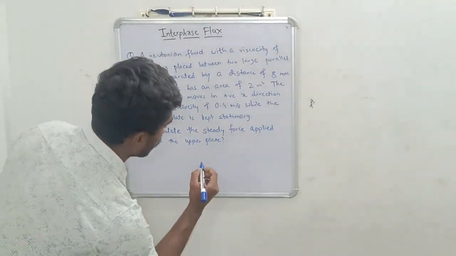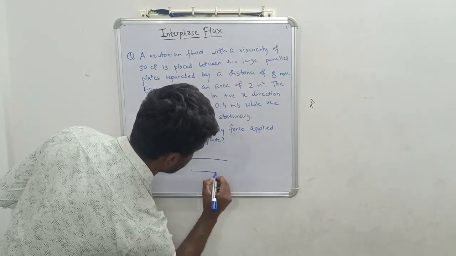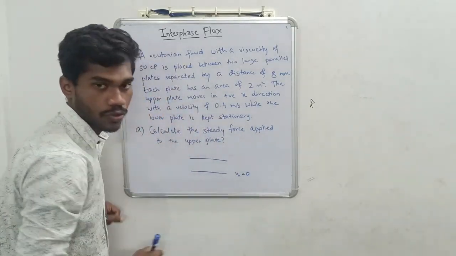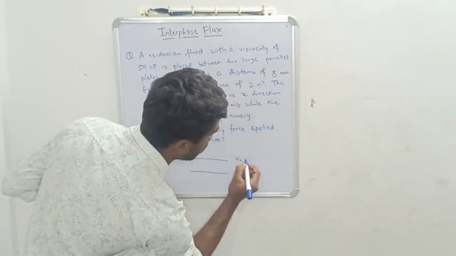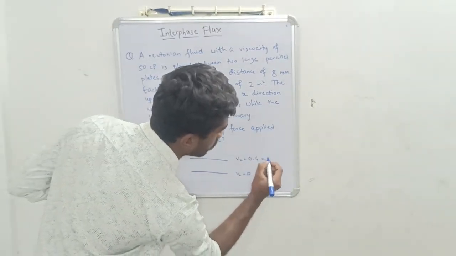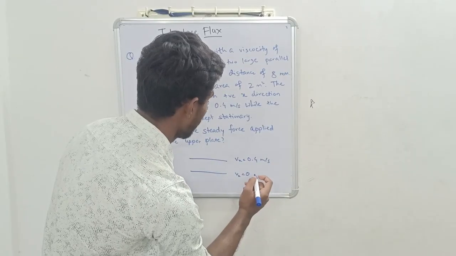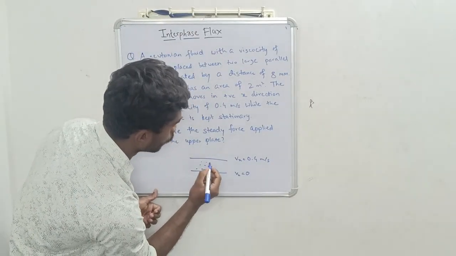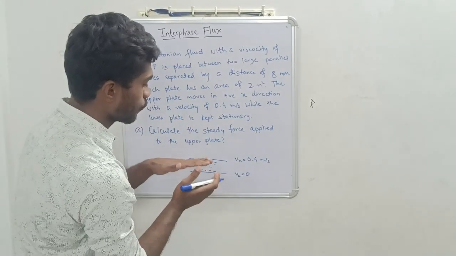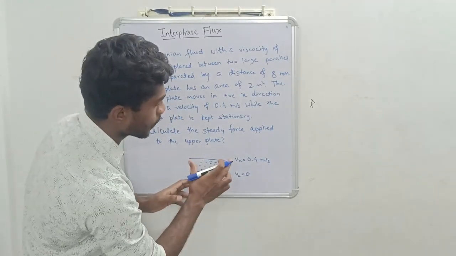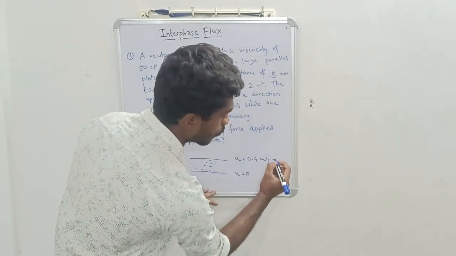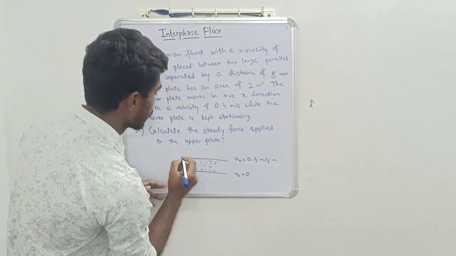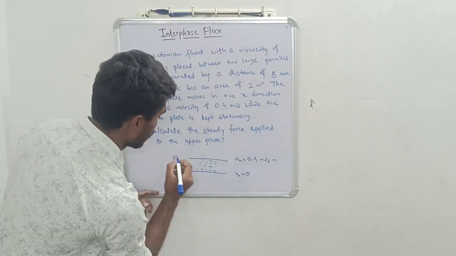So we have two plates. Lower plate is moving with velocity equals to 0 and upper plate is moving with velocity equals to 0.4 meter per second. So we have fluid which is viscous. So our fluid is resisting the flow of upper plate, but still it is moving with a constant velocity. So it needs to have a push or a force. So we have to calculate that force, F.